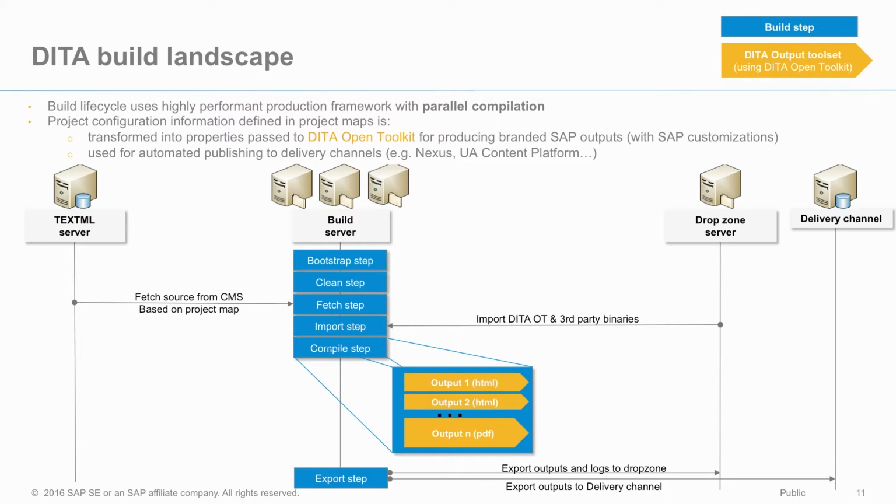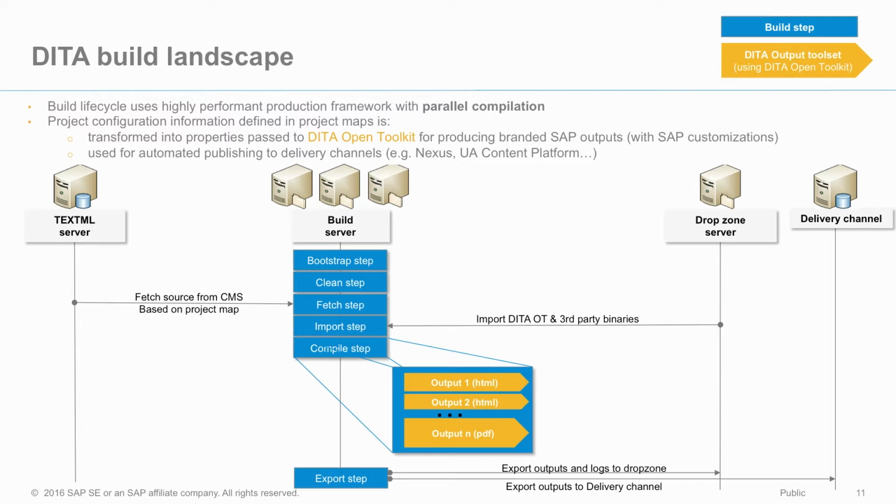So if I drill a bit into what we are doing on the build itself, the build is a kind of life cycle with various build steps. So for example, we are fetching the source from the DITA CMS, and then we run the whole compilation step, which consists of running parallel compilation of multiple outputs.